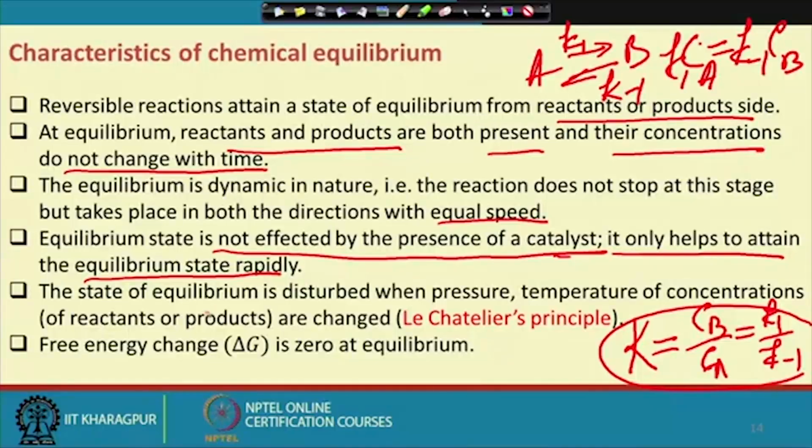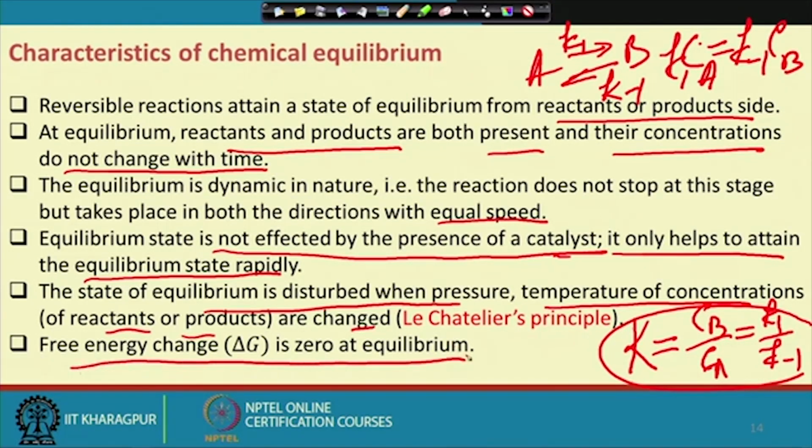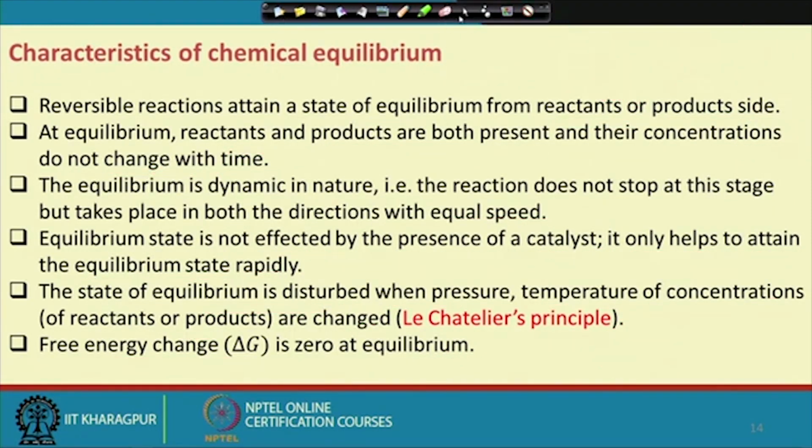The state of equilibrium is disturbed when the pressure, temperature and concentration of reactants and products are changed, according to Le Chatelier's principle. The free energy change is 0 at equilibrium. This I already explained in the last lecture.